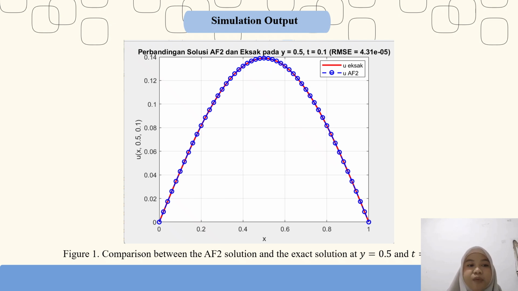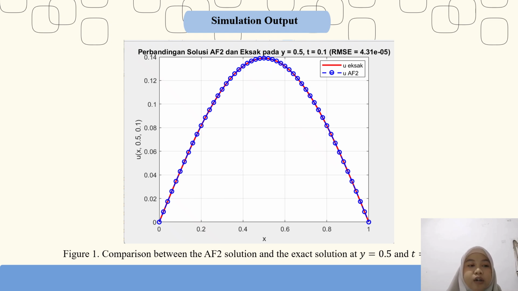The comparison between the approximate factorization 2 solution and the exact solution shows that the error is very small, on the order of 10 to the minus 5 to 10 to the minus 6.